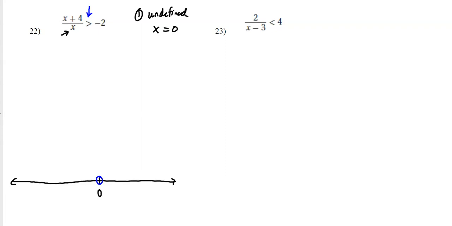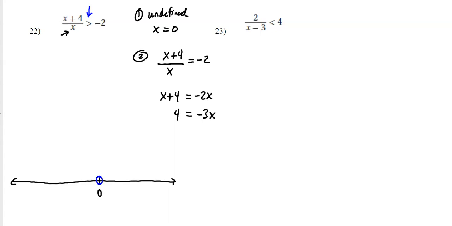And then my next one is, I'm going to solve this thing just like it had an equal sign. I'm going to ignore that inequality. I'm going to just solve it as if it had an equal sign. So multiply both sides by x. And depending on what way I want to do it, I'll subtract the x.